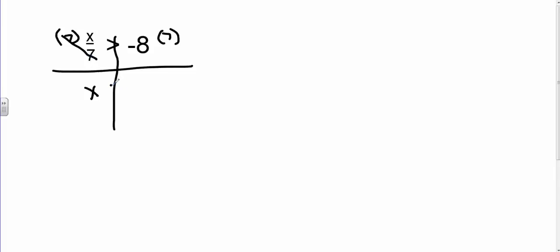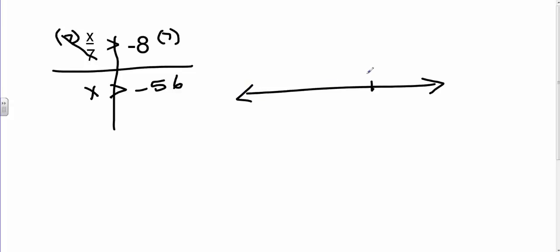So this time you did not switch the direction of the sign, and we get x is greater than negative 56. So we come over here to 0, negative 56. It says greater than, so it does not say equal to. So we don't color it in, and it says greater than, so we indicate to the right.